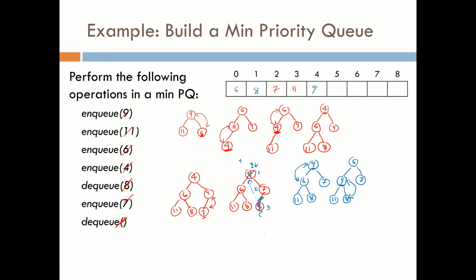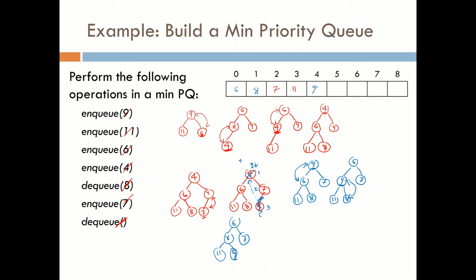And our heap now looks like 6, then 8, and then 7, and then 11, and then the 9.